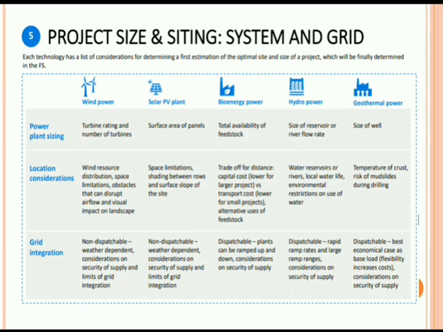For example, for a wind power plant, we will consider the turbine ratings and number of turbines: what the different ratings of the turbine are, what output the turbine is giving, and the number of turbines needed. Depending on the turbine ratings, we will find out how many turbines are needed, and on that basis the size or setting of the project will be considered here.